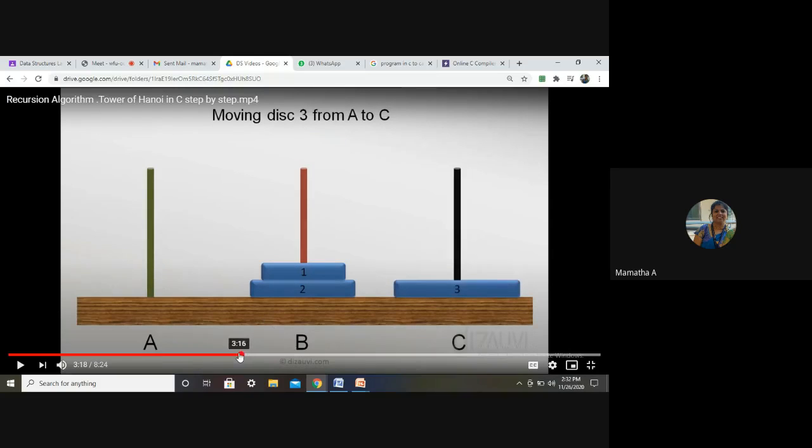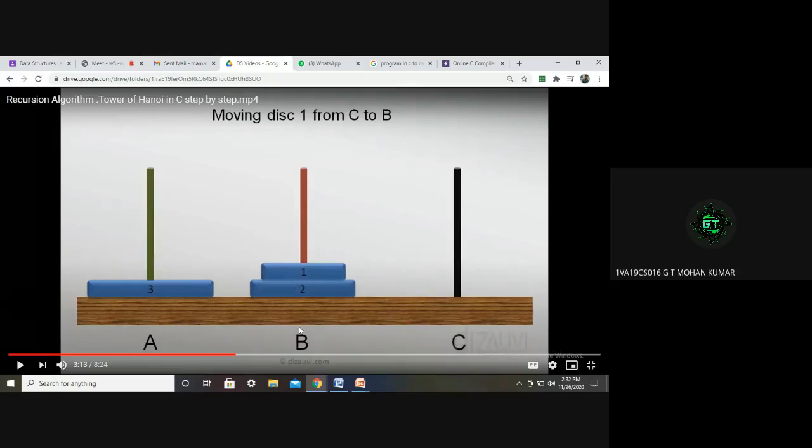Can you observe this? I just moved the top n minus 1 discs from A to B using which peg? Which peg did I use to move 1 and 2? C. I just moved it from source to auxiliary using the destination.